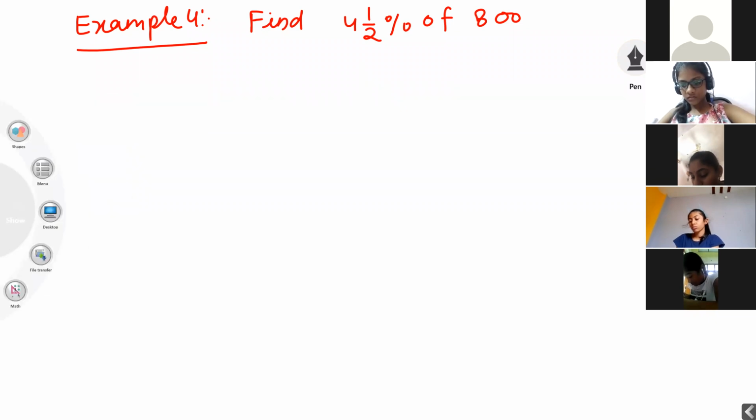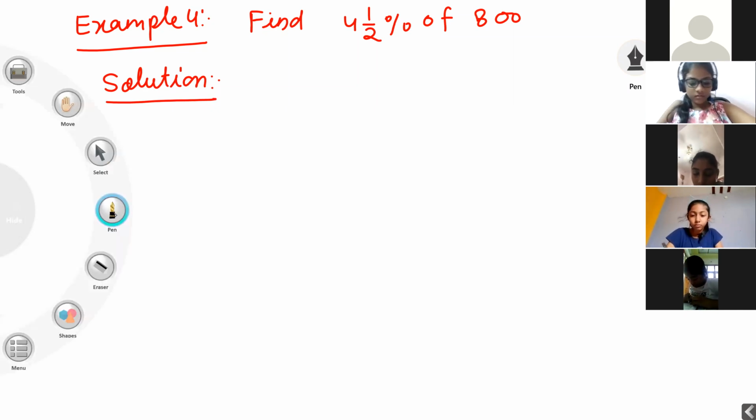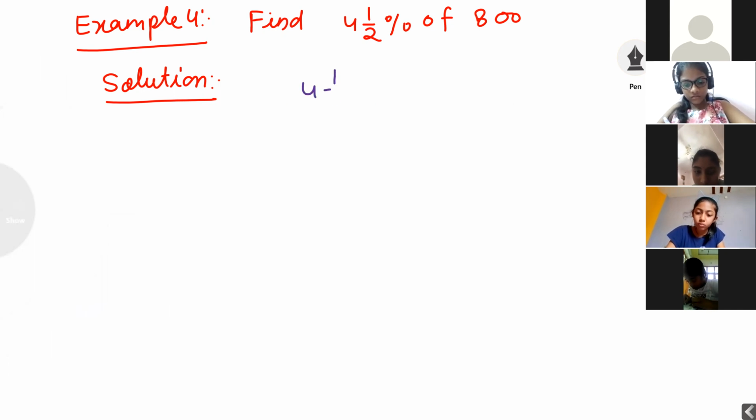Solution: firstly, the mixed fraction I want to convert into an improper fraction. How to convert?